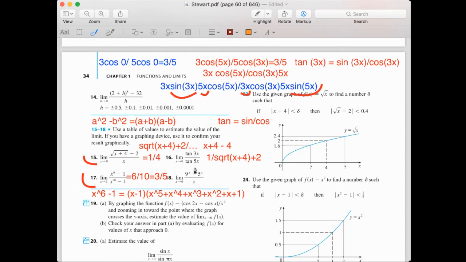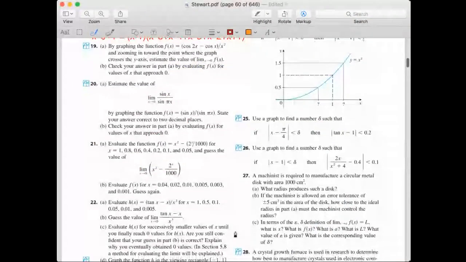Then we make sine 3x over 3x, and also 5x over sine 5x, because we want to use that property. Okay, if no question, I'm going to go forward.